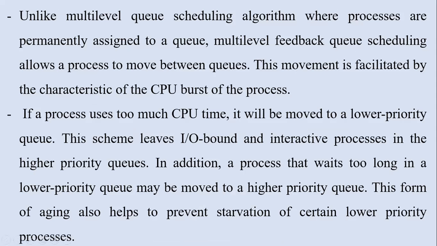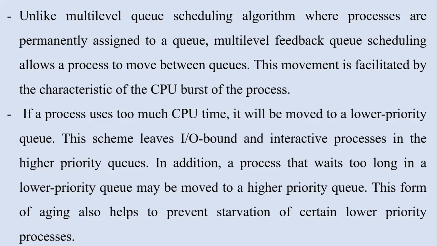Unlike the multi-level queue scheduling algorithm, where processes are permanently assigned to a queue, multi-level feedback queue scheduling allows a process to move between queues. This movement is determined by the characteristics of the CPU burst of the process. If a process uses too much CPU time, it will be moved to a lower priority queue.